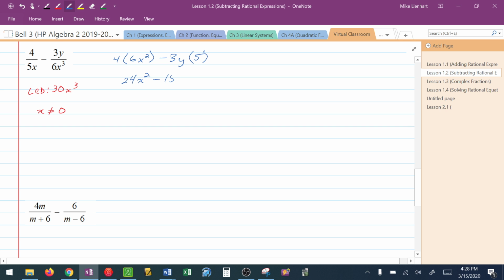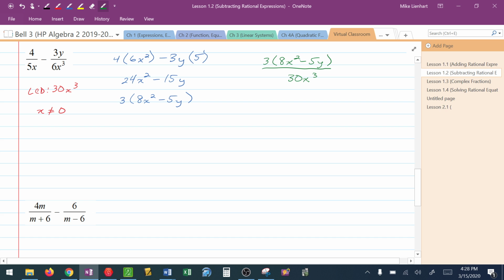minus 15y. I notice from these that I have a GCF of 3. So I pull that out. I'm left with 8x squared minus 5y. And that's as simplified as I can make the numerator. I put them together. 3 times 8x squared minus 5y divided by 30x cubed.